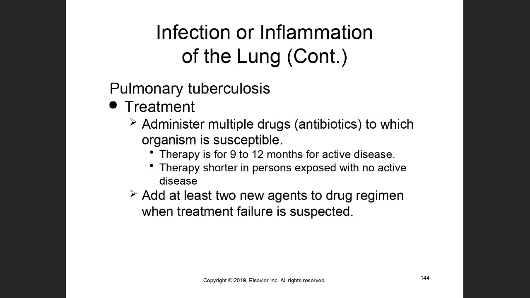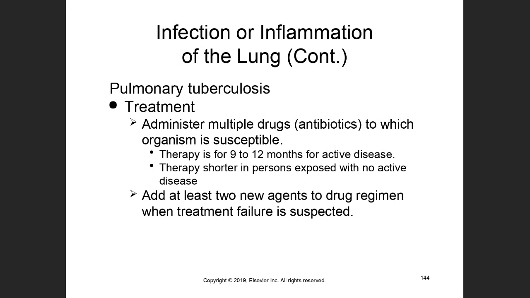Treatment is a 4-drug therapy. You have to use 4 drugs. Treatment is divided in two: we have prophylaxis and we have the actual treatment. The actual treatment is when you have active tuberculosis. The screening test is the PPD.